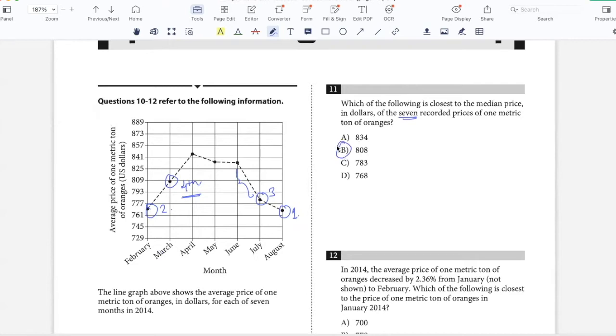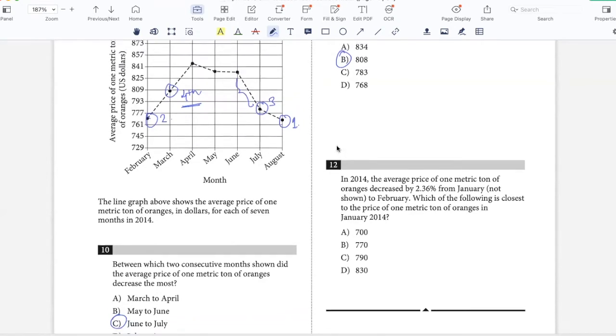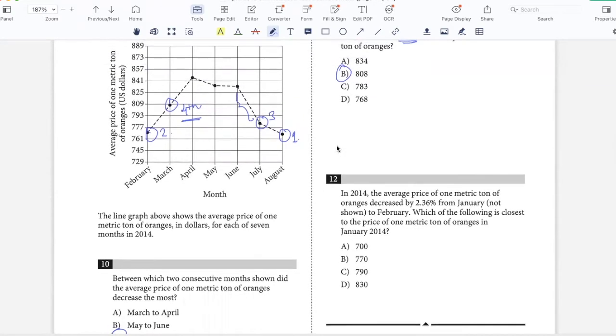So 808. In 2014, the average price of 1 metric ton of oranges decreased by 2.36% from January to February. Which of the following is closest to the price of 1 metric ton of oranges in January?